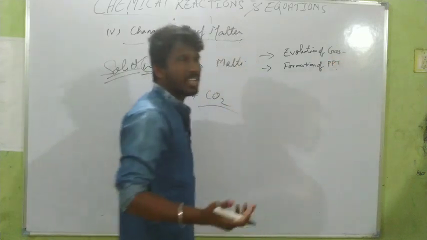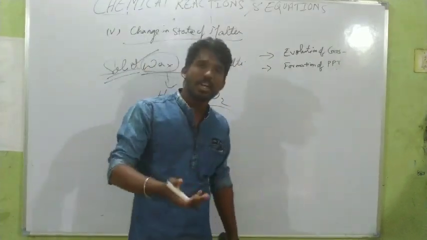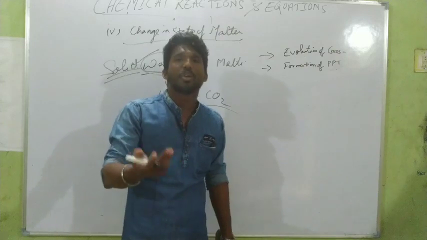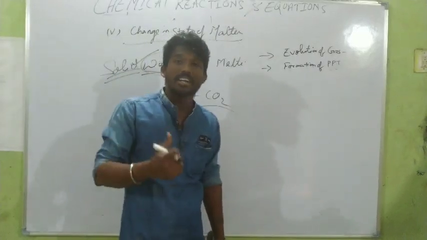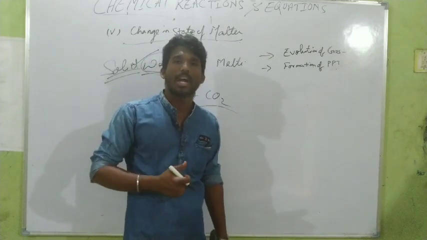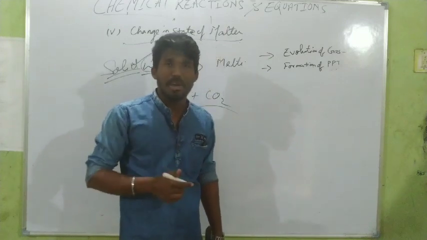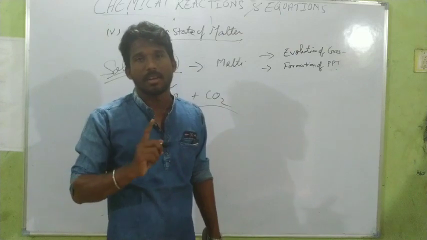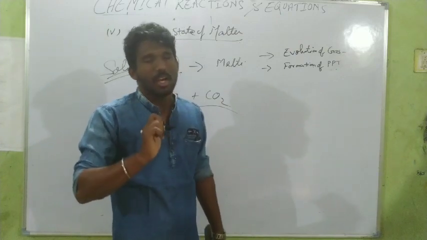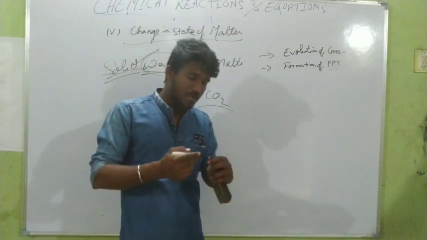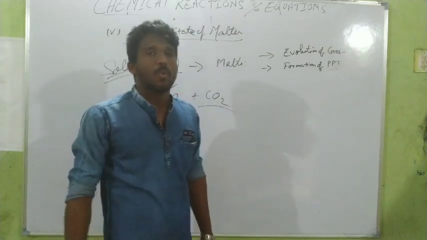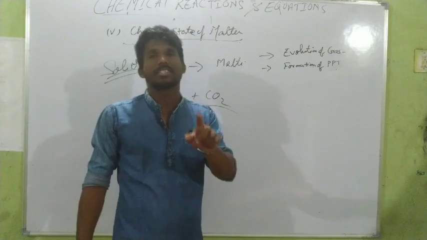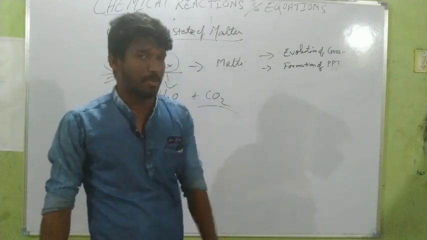A precipitate is a solid insoluble substance which is produced during a reaction. I gave the example of lead nitrate plus potassium iodide gives you lead iodide and potassium nitrate, where lead iodide is the yellow precipitate.